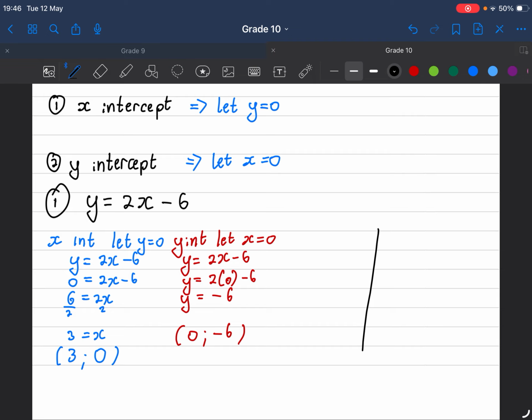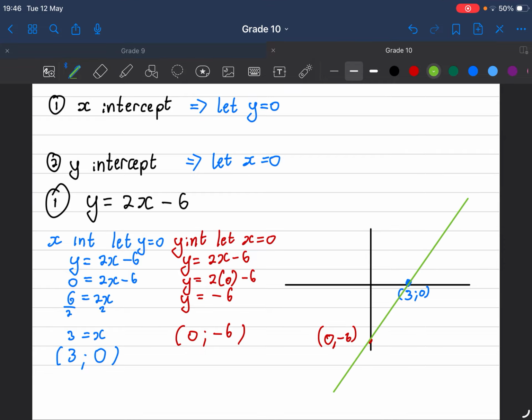I'm going to then draw a Cartesian plane and mark these 2 points. So 3 and 0 goes here, and 0 and negative 6 could go here. And then what do I do next? I connect those points, and that is my graph drawn. That's all I have to do. Find the x-intercept, the y-intercept, put those two down and draw a line across them.